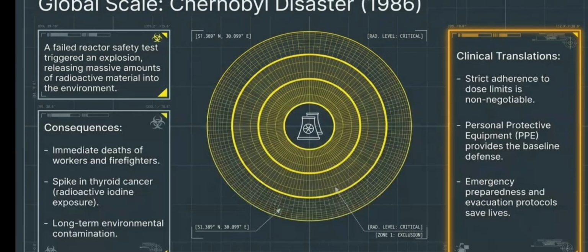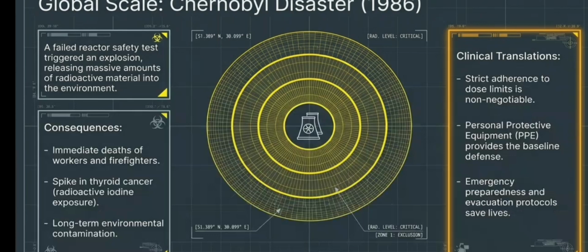To understand the risks, we will examine failures across four distinct scales. At the widest level, we have global failures characterized by environmental catastrophe and the total failure of dose limits.